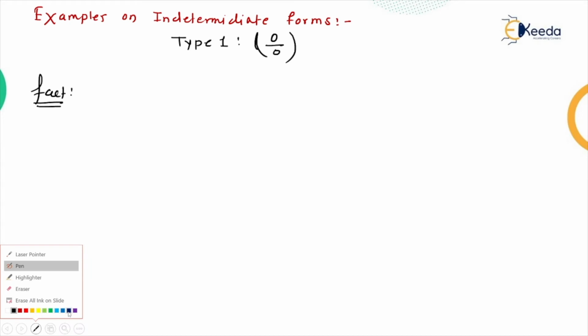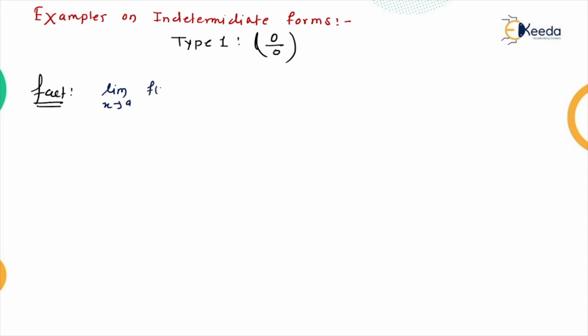Limit as x tends to a of f of x upon g of x is equal to limit as x tends to a of f dash of x upon g dash of x, where f dash of x is the derivative of f of x and g dash of x is the derivative of g of x.